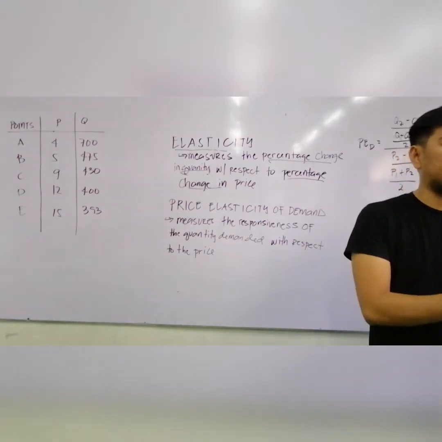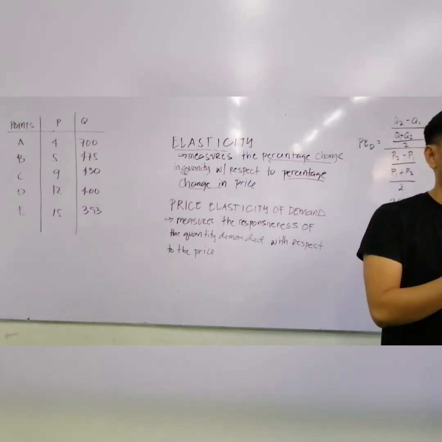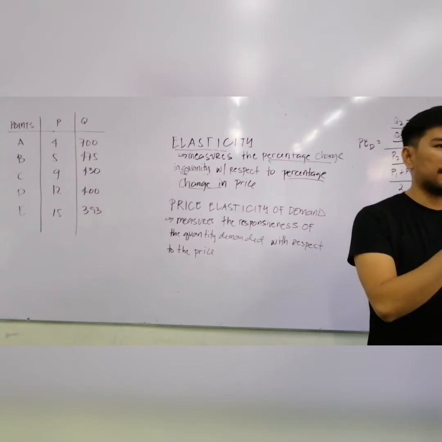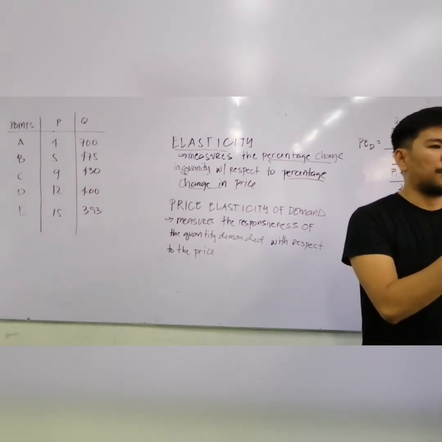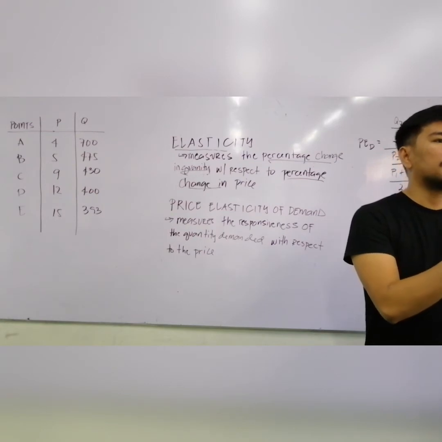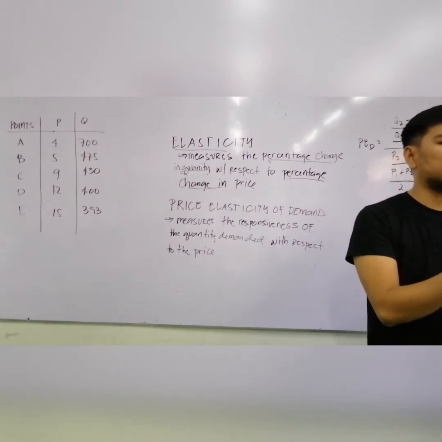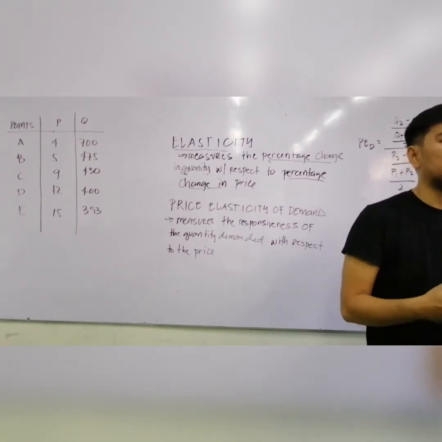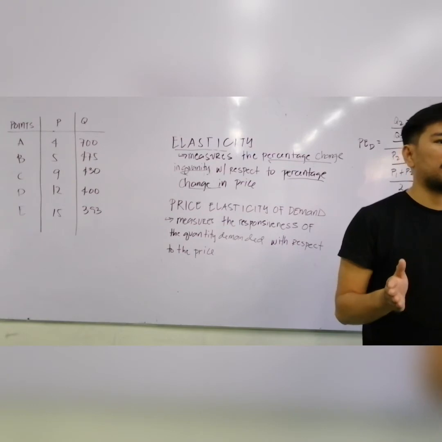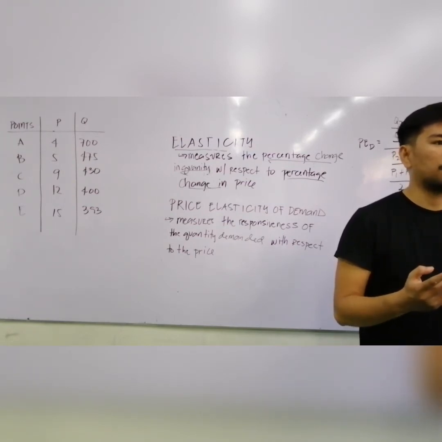Because the quantity is dependent on the price. If the price increases by, let's say, 10%, we will calculate the percentage change in quantity. As we all know, in the law of demand, as price increases, quantity demanded decreases. There is an inverse relationship between the two.